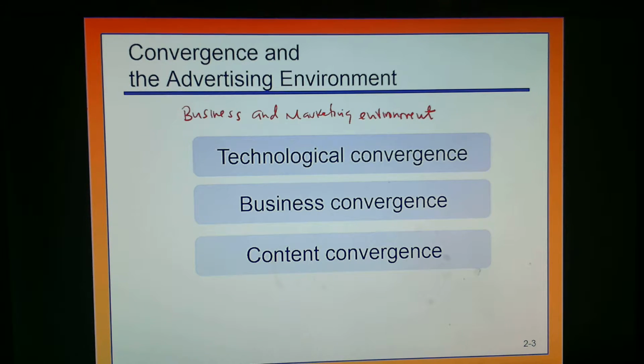In this case, the question is how can we use technology to help the organization achieve its objectives, specifically marketing objectives? We can look at this more deeply by looking at content convergence, and which kind of content we should use in order to achieve our business or marketing objectives. So we shall look at that as we go through this.